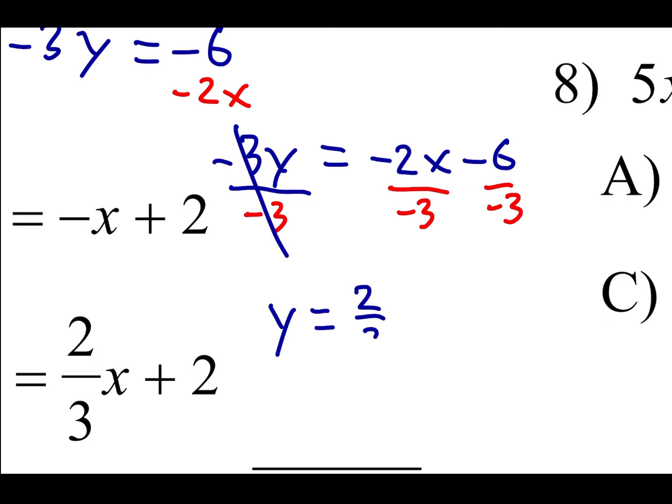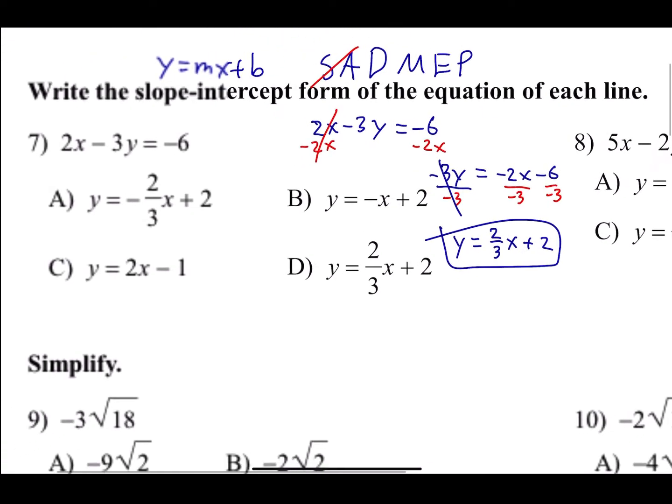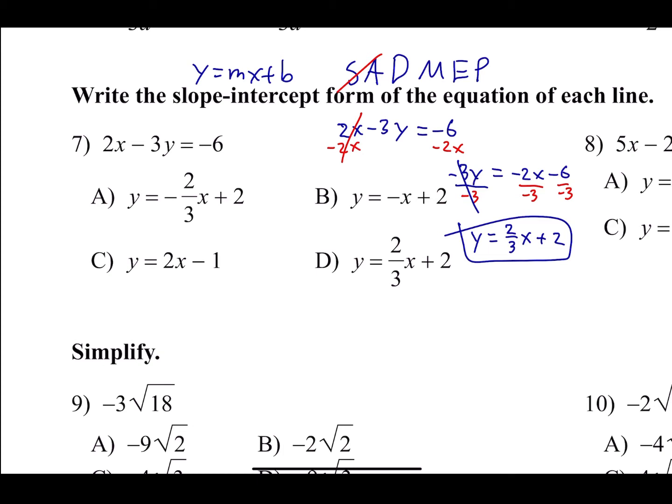I'm going to leave this as 2/3 x, because now I know rise over run. I'm rising 2 and running 3. This is a great way to write a slope, rather than turning it into a decimal. And then finally, negative again becomes positive, and 6 divided by 3 is 2. We have the slope-intercept form. y equals 2/3 x plus 2. Looks like our answer is D.